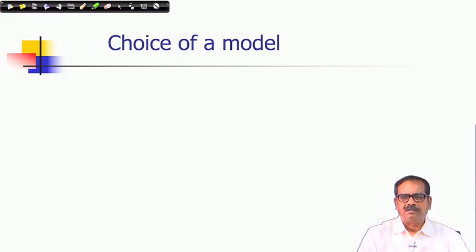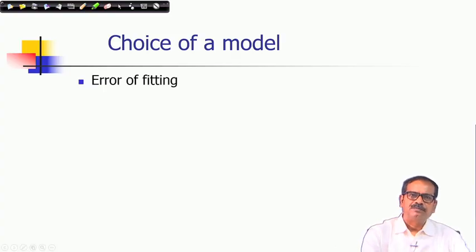So, when you choose a model using some kind of intelligent and intuitive guesswork, how do you ascertain that the model is appropriate for your data fitting? There are certain checks and bounds for that. Particularly, you need to consider the error of fitting. There are various kinds of errors which are used.